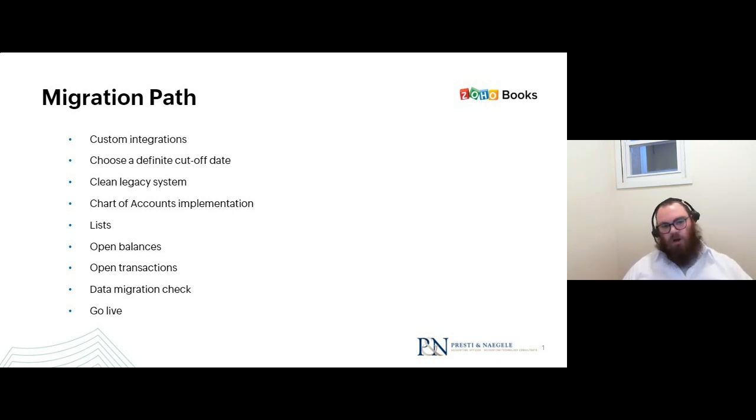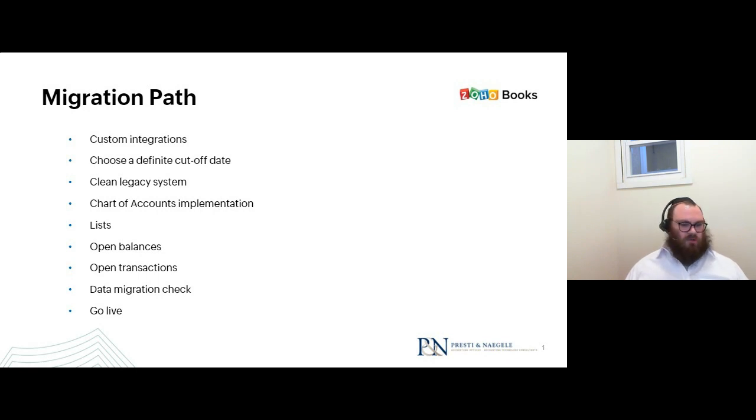So the first part of migrating is to discuss the custom integrations that you have. So if it's payroll or Avatax or Avalara, something like that. The next step is to choose a clean cutoff date where you're going to move from one system to another. Then you want your legacy system, so in this example, we'll use QuickBooks, to be clean, reconciled throughout, and ready to move to Books, and you have a clean system in both areas.